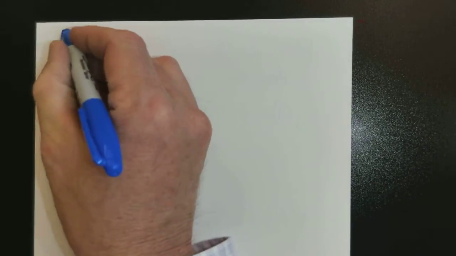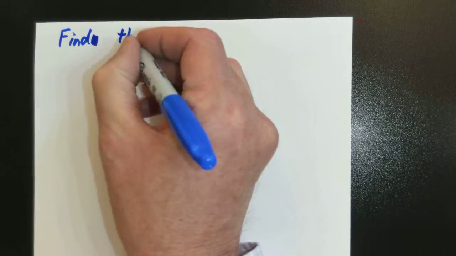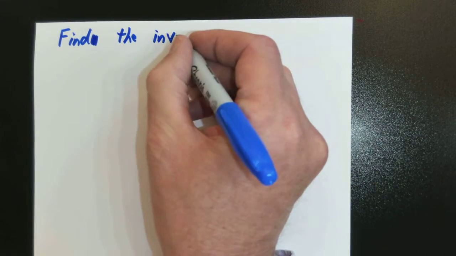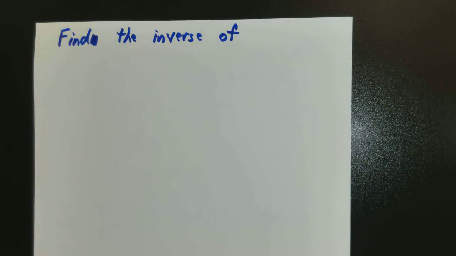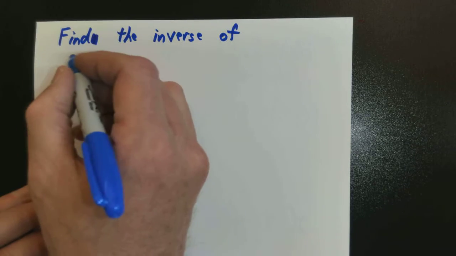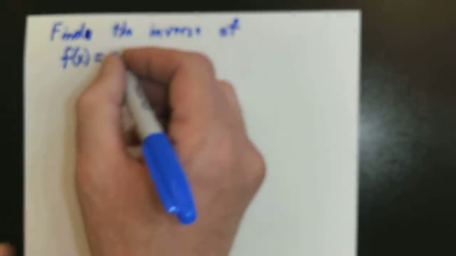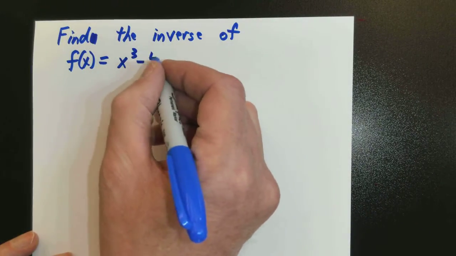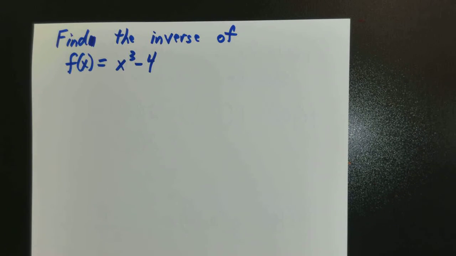All right, so let's find the inverse of f of x equals x to the third minus 4. Okay, step 1.